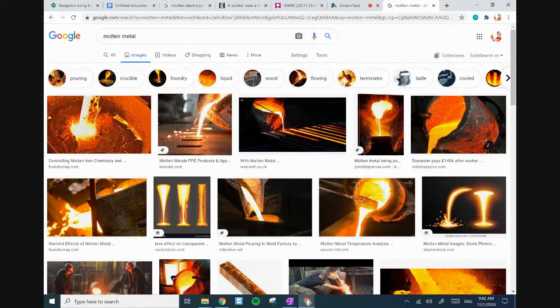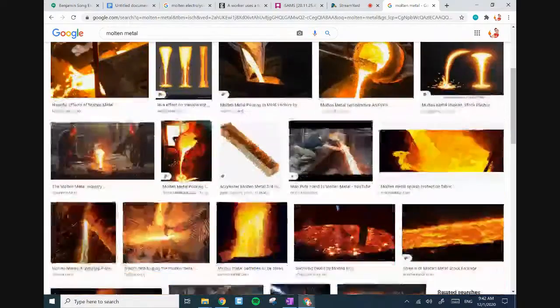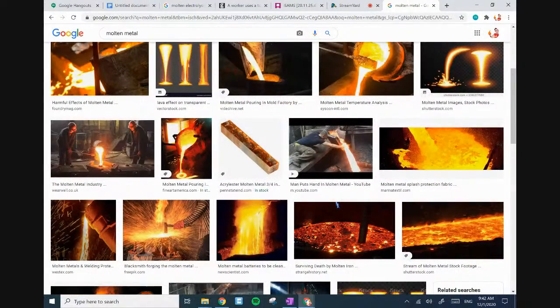Melting point of steel, about 1650 degrees. That's the melting point of iron. The melting point of gold, 1100. Melting point of silver, give or take, about 1060, something like that. Maybe 960. But in order to get something to be molten, you've got to get it crazy hot. This is very special, guys.